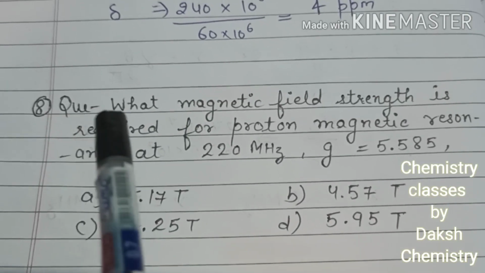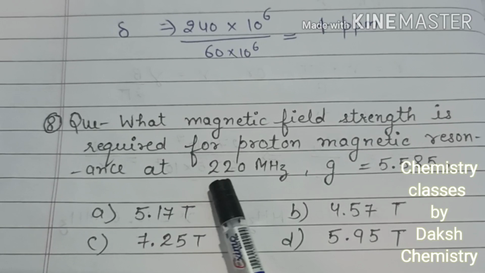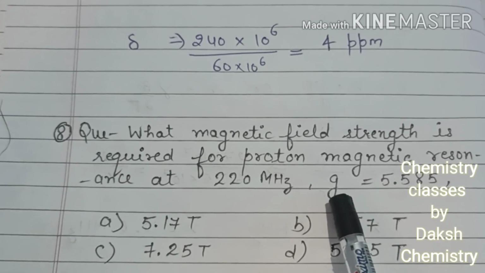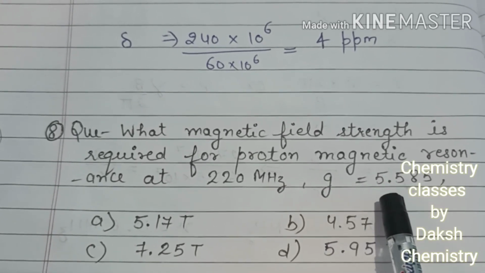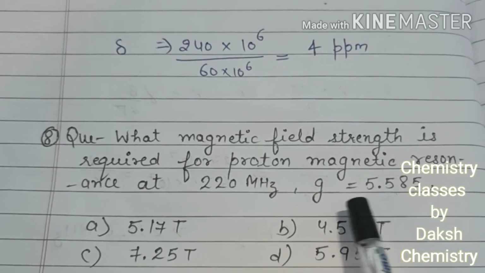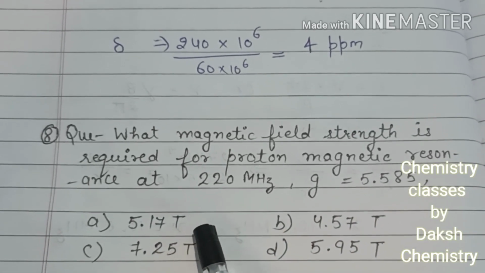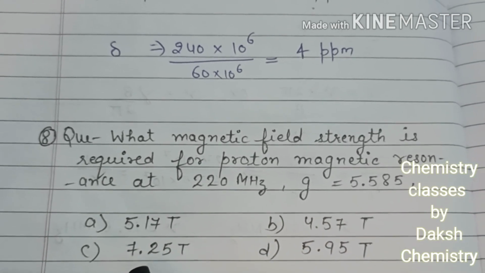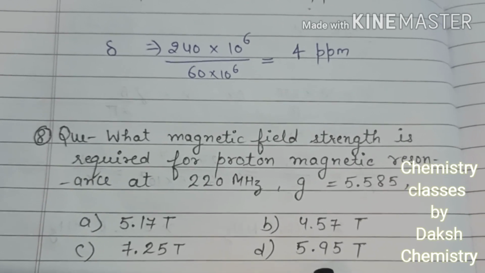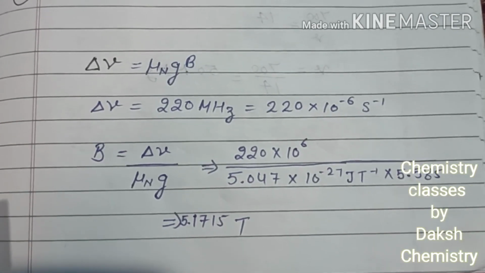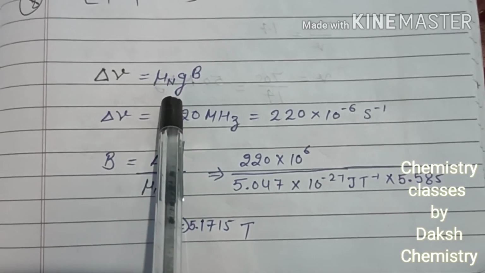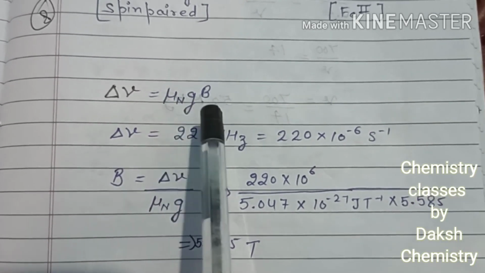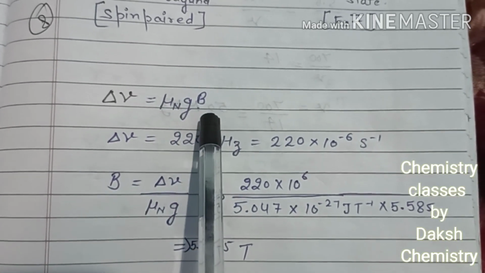Last question: what magnetic field strength is required for proton magnetic resonance at 220 megahertz if the G value for the proton is 5.585, and the given options are 5.17 Tesla, 4.57 Tesla, 7.25 Tesla and 5.95 Tesla. The frequency at which the proton resonates equals mu n, the magnetic moment for the proton, times the G factor and the magnetic field.